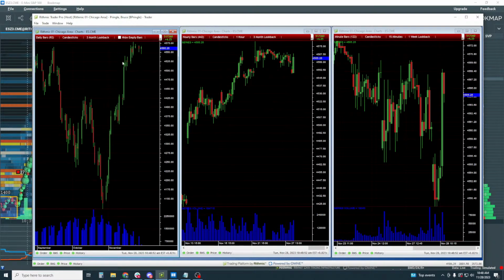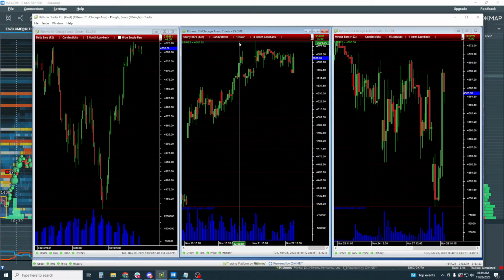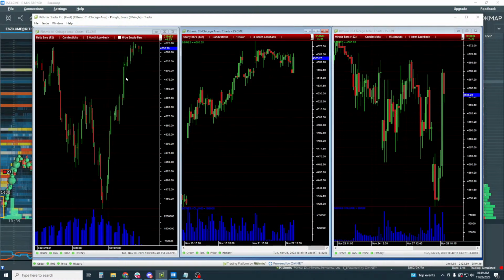So we're looking for the potential for that strong move again. However, we can see that things are slowing down here. So maybe we're looking for a choppy environment for a bit, and maybe on the hourly we come back up and test some of these swings up in here before we get any sort of strong breakout move.